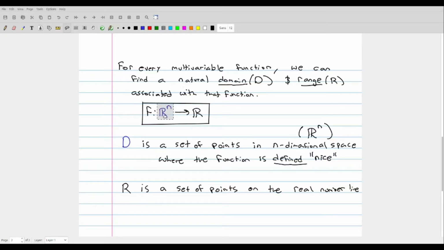It's a subset of n-dimensional space, the set of points where the function is defined. And the range of a function relates to where we're mapping to. In this case, we're mapping into the real number line. This is a subset of the real number line where f maps to, or better yet, the set of points that get hit by f.